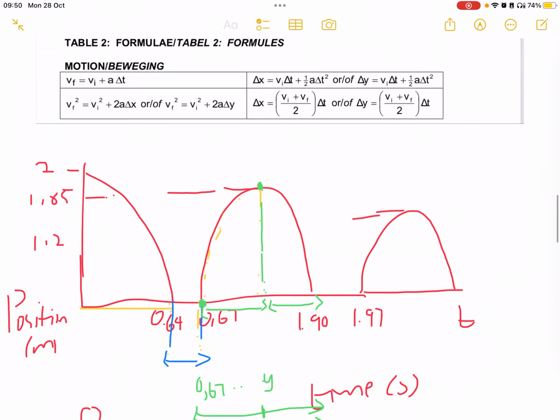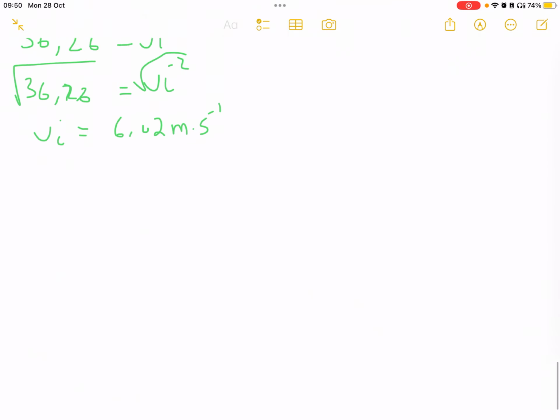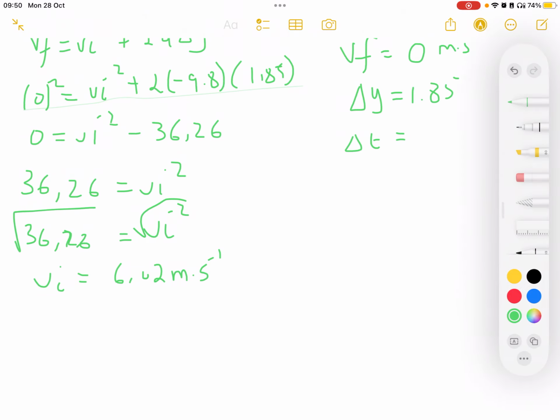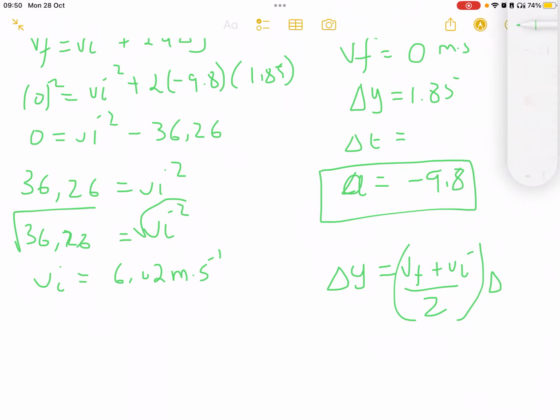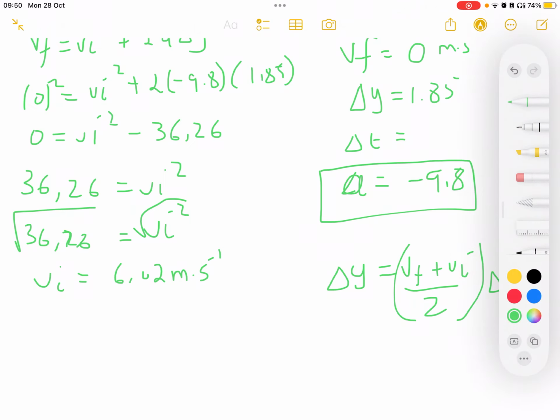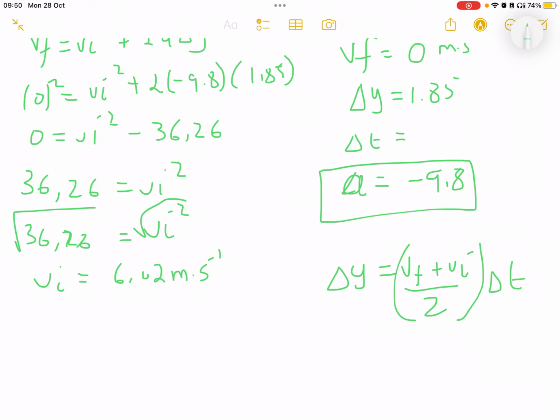We're looking for time. So we can choose quite a lot of options here. Let's also add acceleration. Acceleration is negative 9.8, but let's start without acceleration. So you have delta y equals Vf plus Vi over 2 times delta t.